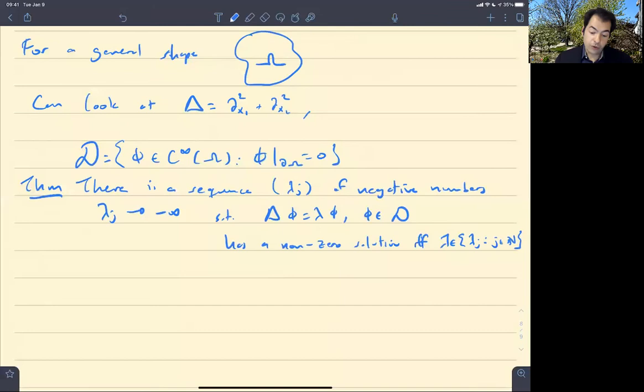Okay, so great. So in general, what you can say is this abstract existence result that the Laplacian has eigenvalues, and that these eigenvalues form a sequence that goes to minus infinity. But there's no hope for a general shape of computing what these numbers are.